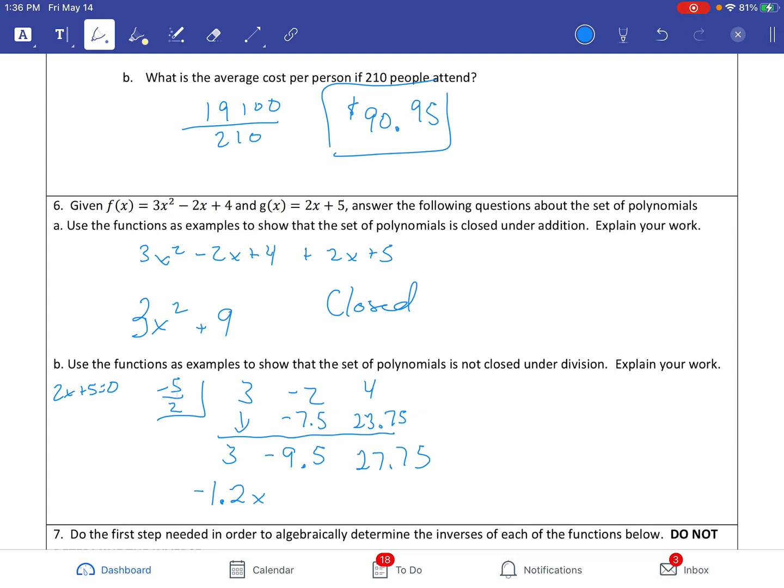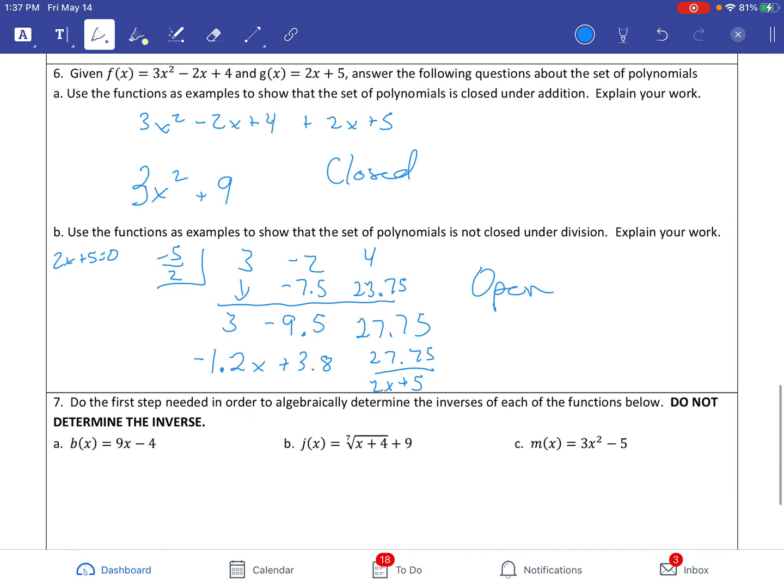Oh, this is going to be minus. And then we're going to get positive 3.8, and the remainder doesn't change. So this is going to be open because there's a remainder and it's not a polynomial anymore. That's the big step out of this.